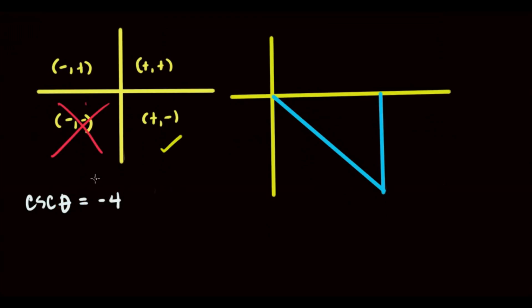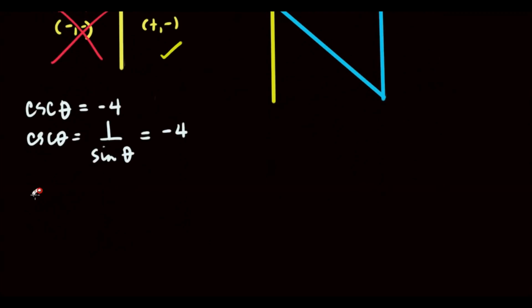But we know that cosecant theta is the reciprocal of sine. So, cosecant theta is equal to 1 over sine theta, and this is equivalent to -4. So, it means that sine theta is equal to -1 over 4.